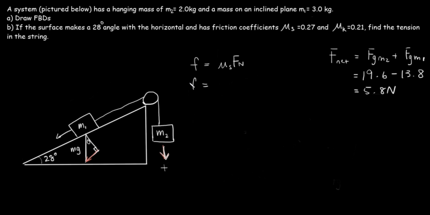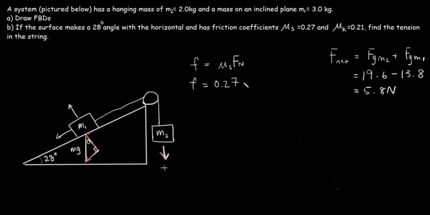So mu s is 0.27. And Fn, that's the normal force. And the normal force is going this way. And the normal force is equivalent to this part right here. And to get that, we can use trig ratios again.